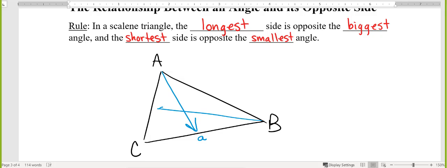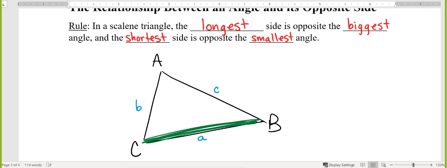This would be side little b. And this would be side little c.